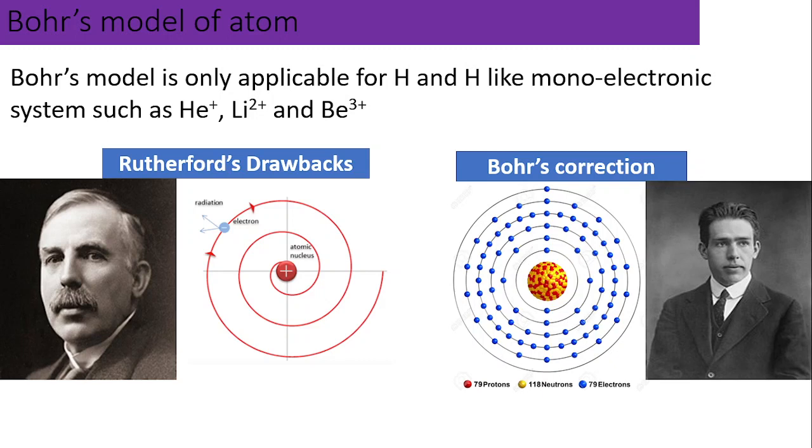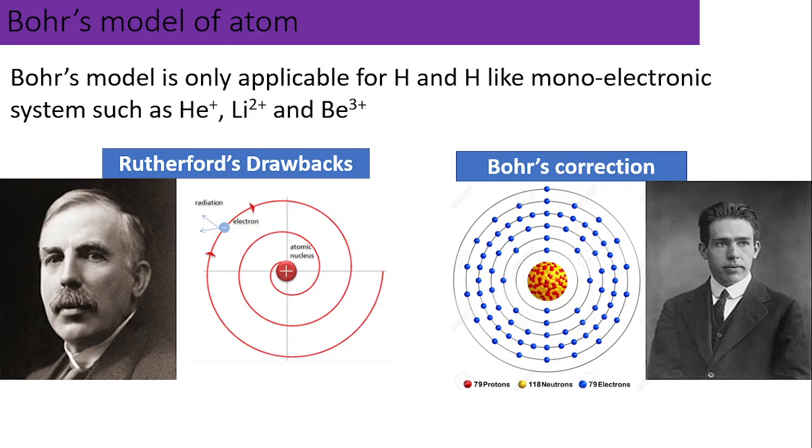But the main problem associated with Rutherford's model was the path of the electron. Rutherford proposed that electrons revolve around the nucleus, but he told us that the electron revolves in a random pathway. There was no fixed path.